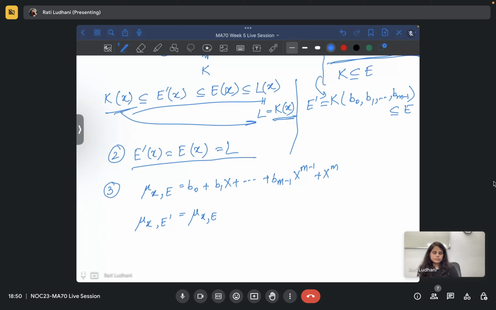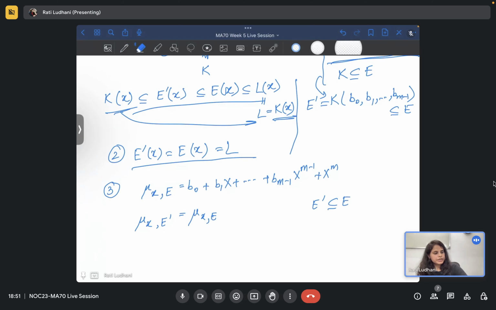At least the degree has to be the same, and all these coefficients are contained within it. Exactly, so it'll have to be the same thing. Let's assume there is a smaller polynomial, and because E dash is contained within E, this would mean that there is a simpler polynomial over E as well. Right, exactly.